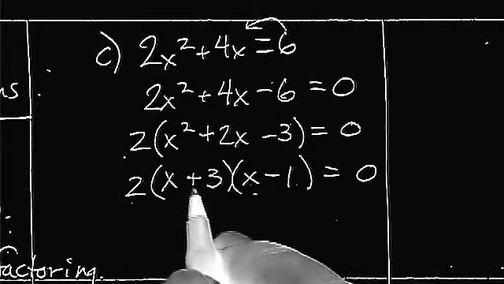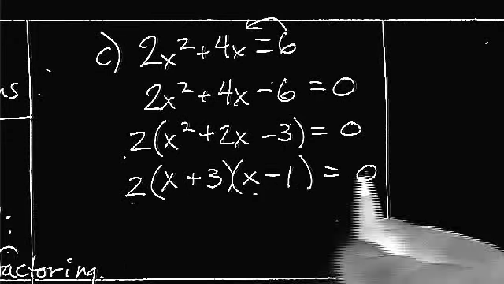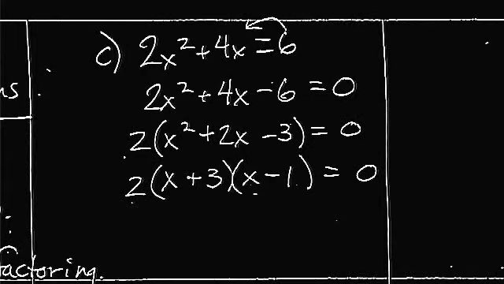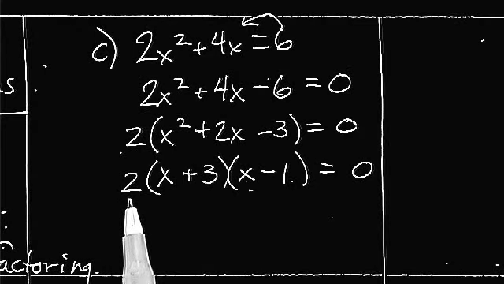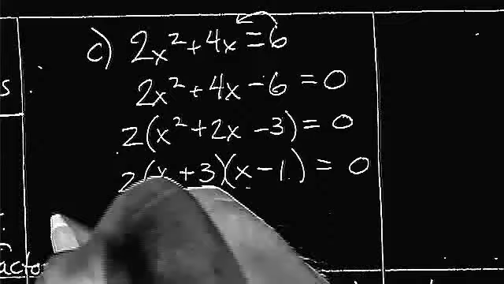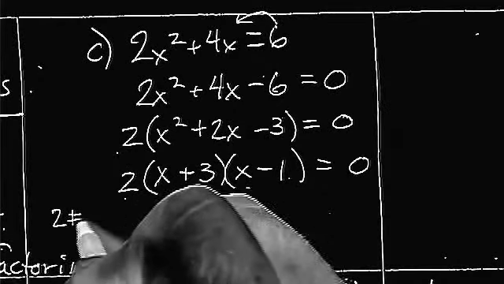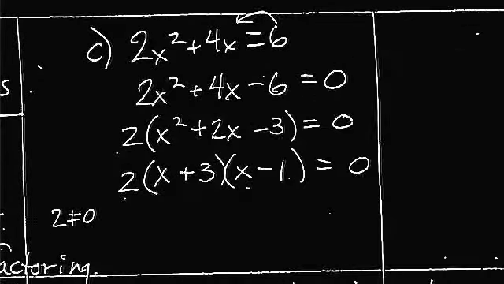Now we have three things that are being multiplied together, and it equals 0. So the quick question I have for you is this. Do you think 2 could ever be equal to 0? The answer is no. Don't waste your time saying, well, 2 does not equal 0. I already know 2 doesn't equal 0. I don't need this.